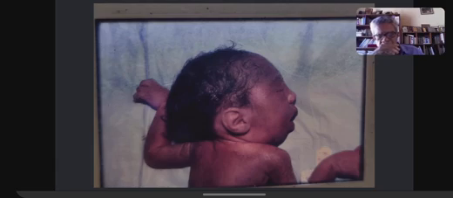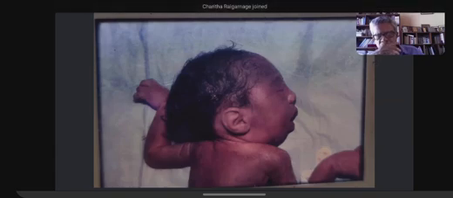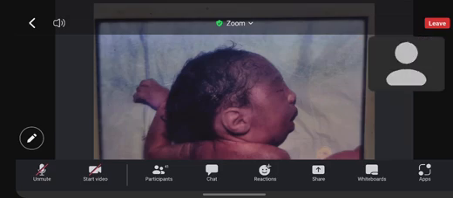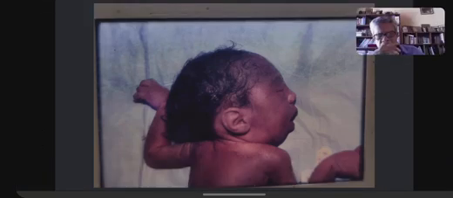So why was this baby having a flat zero APGAR and was not resuscitated? What is the immediate cause of that? Can someone tell me? Renal impairment? No, that is not the immediate cause.